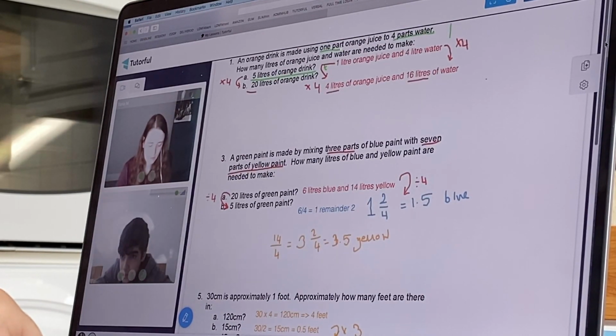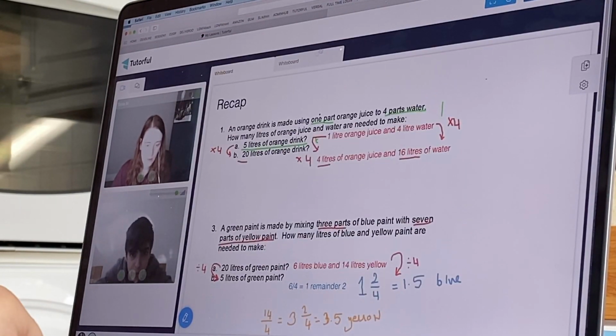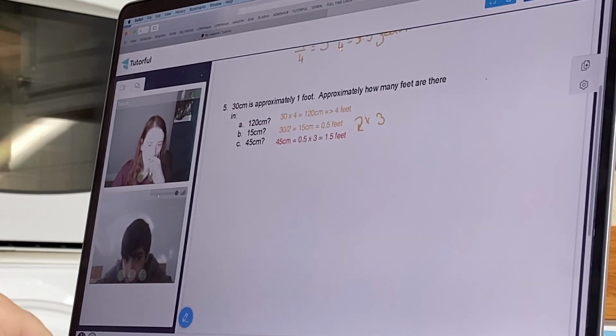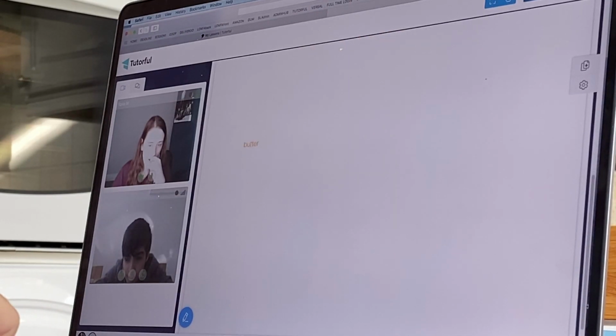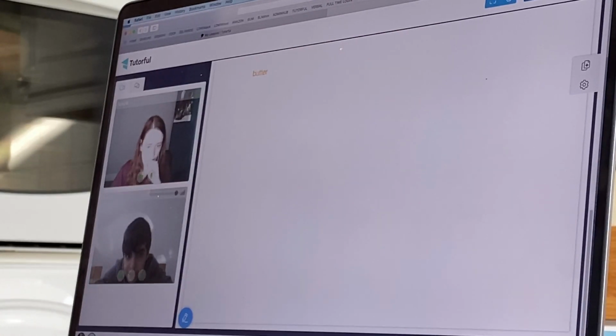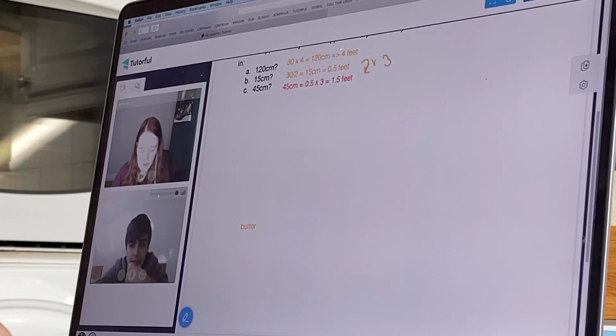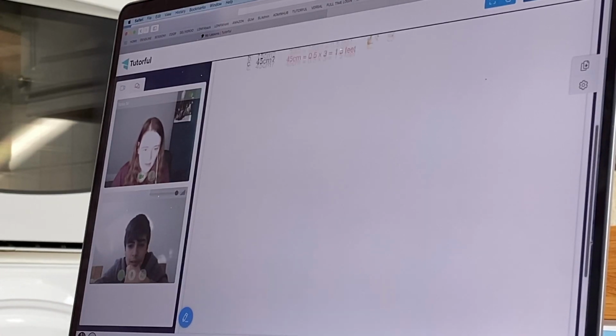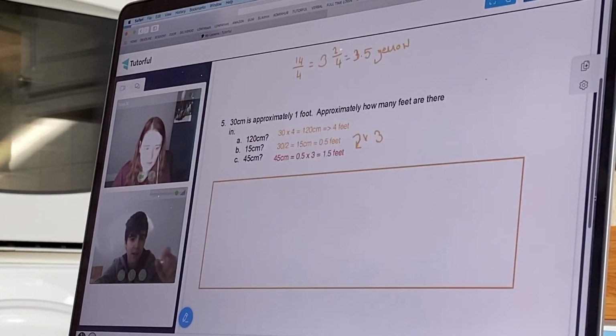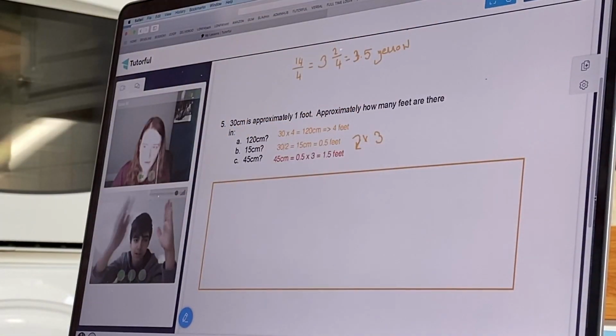I'm not on the page. Is it on the page? It's a bit further down. Okay, one second. Okay, I found it. Can you see? It just says butter. Can you see the recipe? Yeah, I can see it. You can just see the box, you can't see the picture.